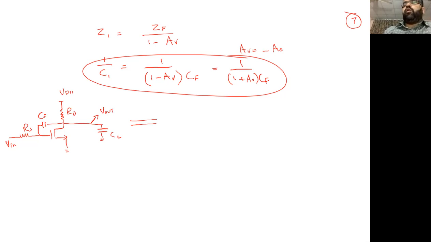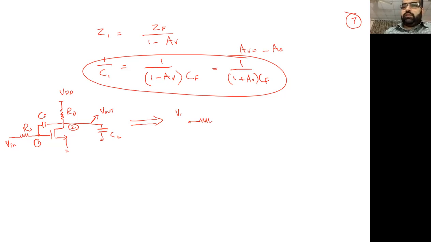Following the Miller theorem, which we normally call Miller analysis, we can represent the CF as two capacitances, one at node 1 and one at node 2. Each of these capacitances will be connected between its node and the AC ground. So I can represent this in this fashion.